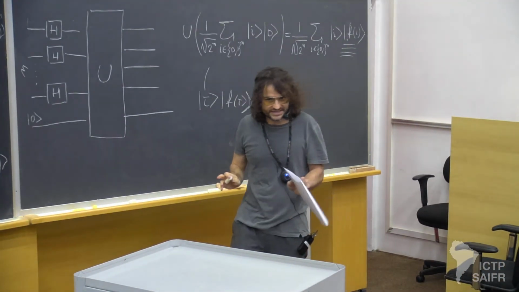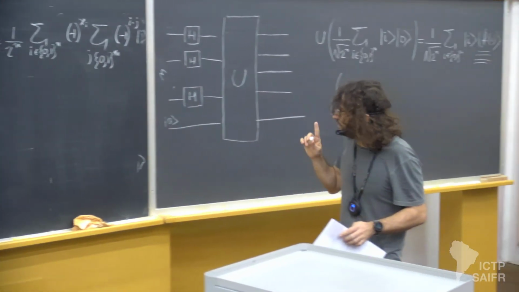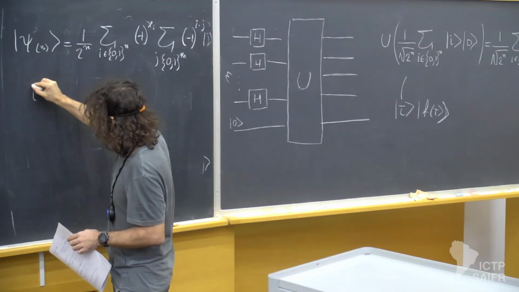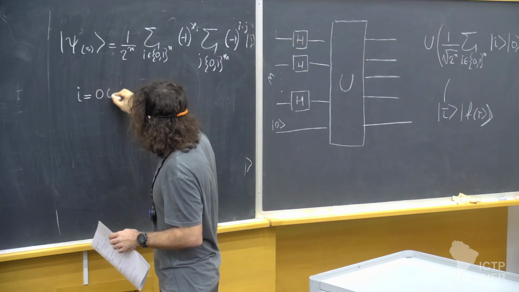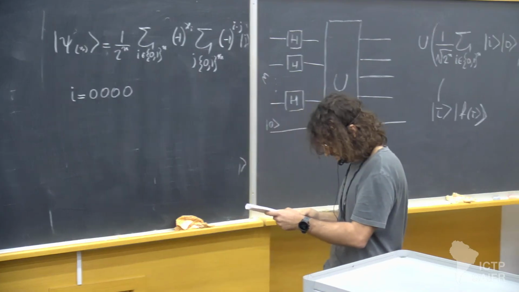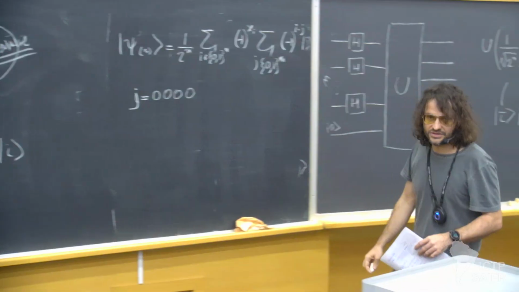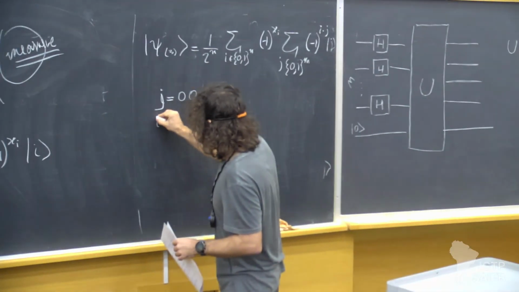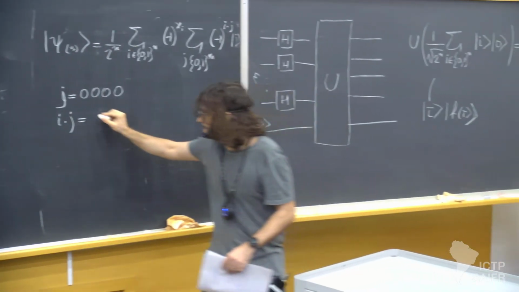Not so exciting so far, but now we notice that let's put j equal to 0, 0, 0, 0, and so on. Now, if I put this, i scalar j is equal to 0.